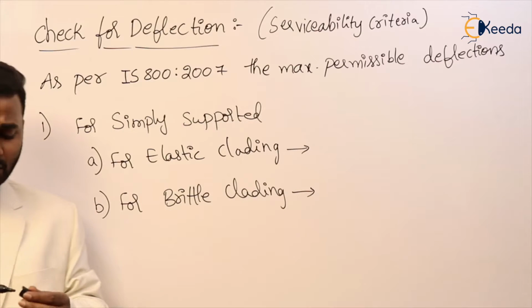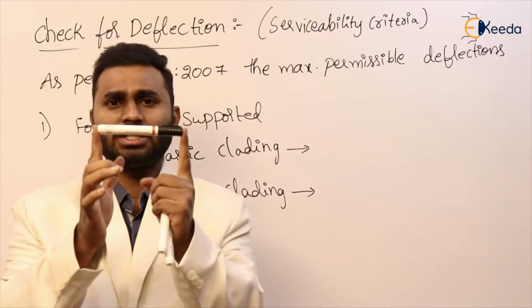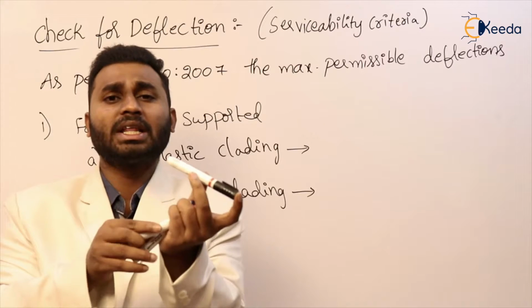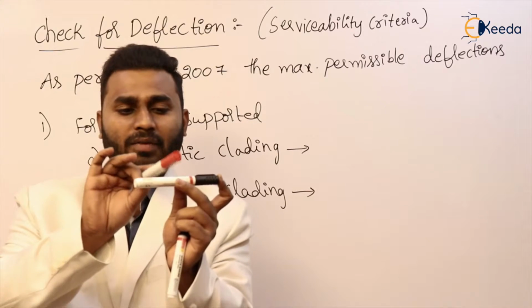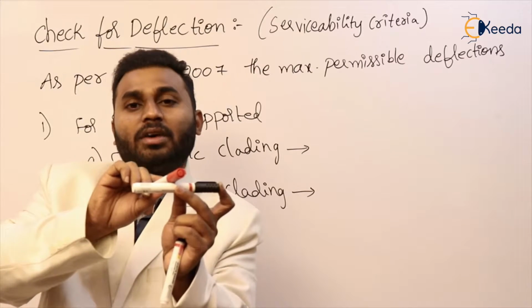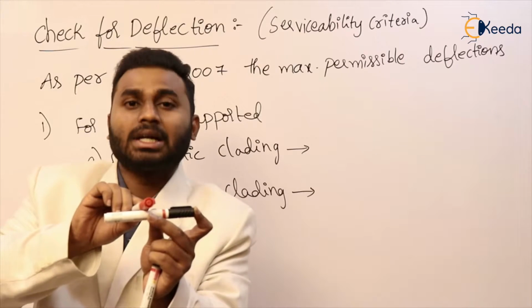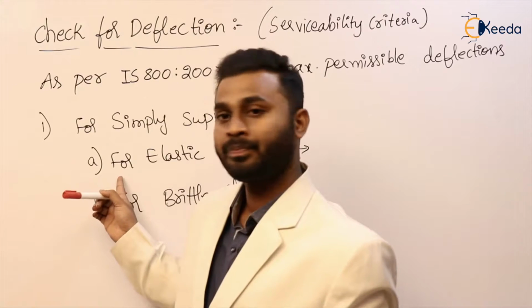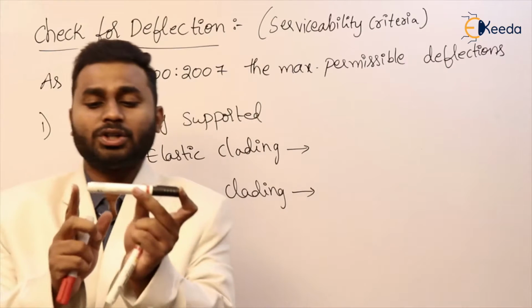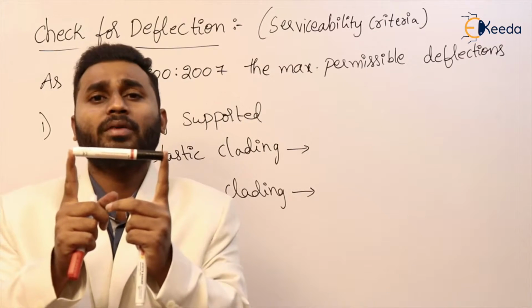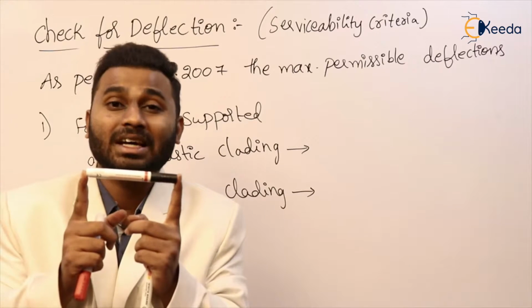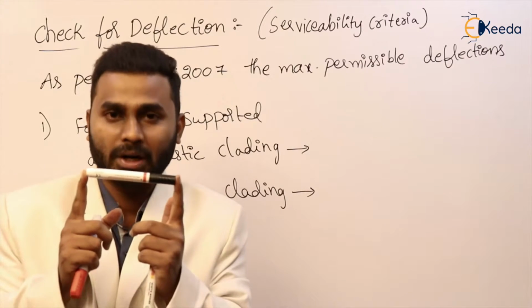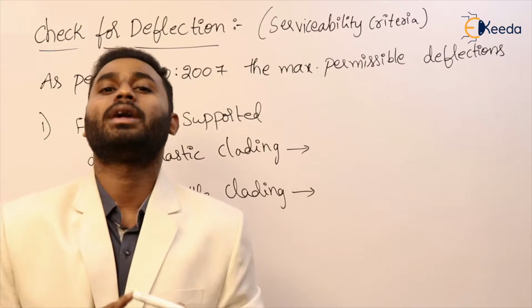What is meant by elastic cladding and brittle cladding? Assume that this is a beam. If the beam is supporting elastic or ductile materials like mild steel on top, that is elastic cladding. Brittle cladding means that on top of the beam we have placed glass or chalk paste, which are brittle materials. What is the deflection then?